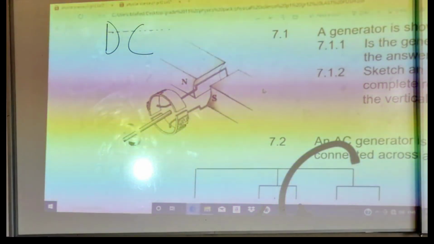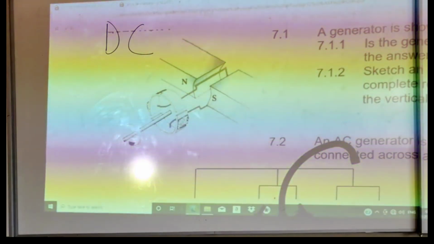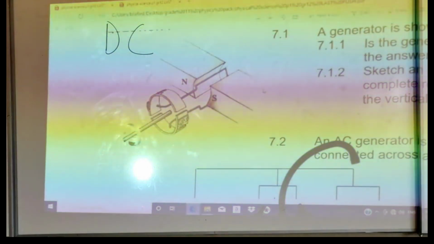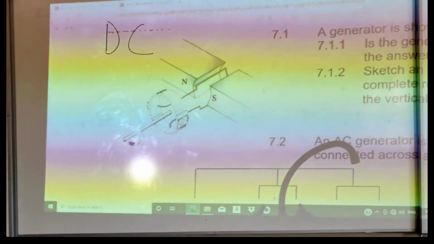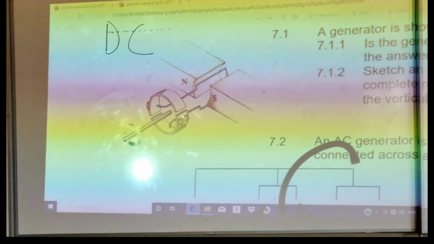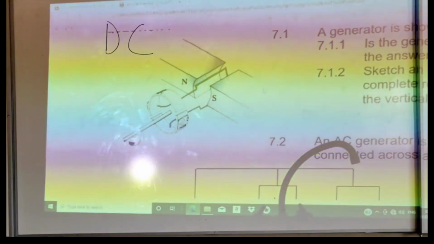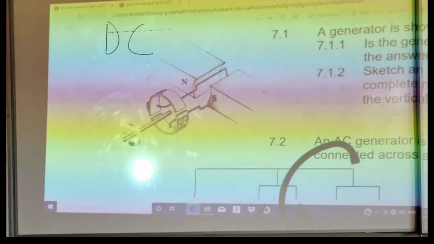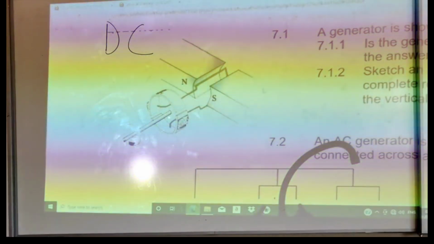There are gaps between the rings. There is a gap between the upper part of the ring and the lower part of the ring. You can see that there are gaps. So that's why we call this one the split ring. It is called split ring because it has got gaps.